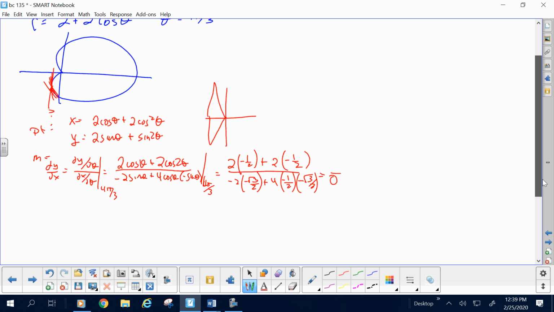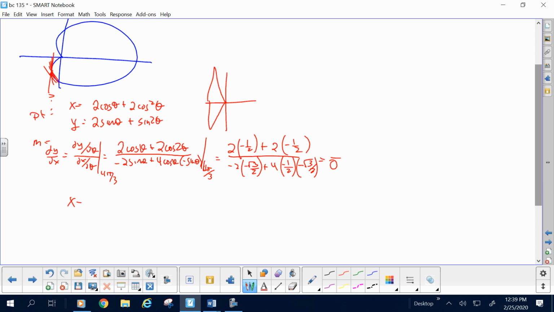So a vertical tangent line, is that x equals a constant or y equals a constant? Which of those represents a vertical line's equation? X equals a constant. So now I know it's some kind of vertical line.